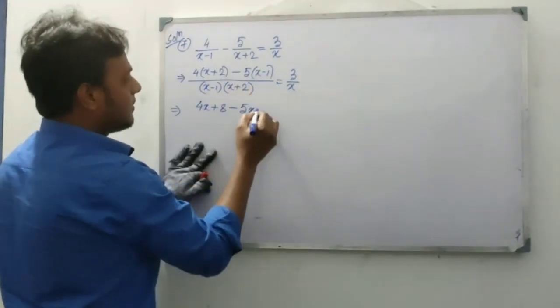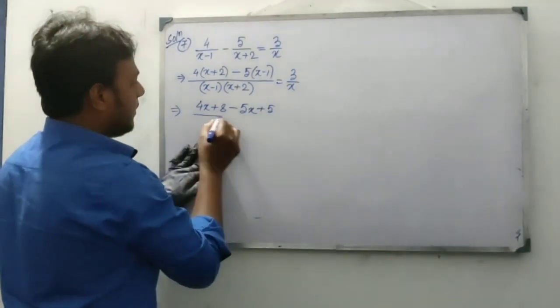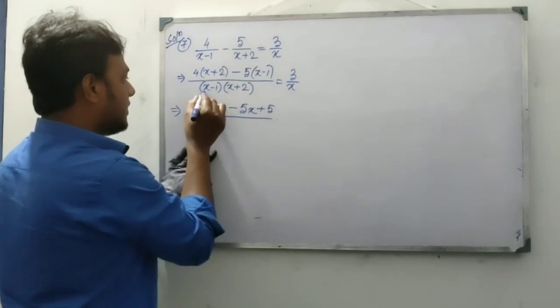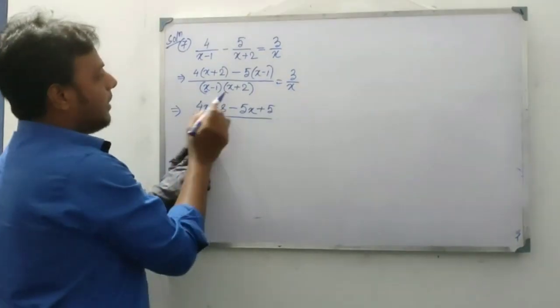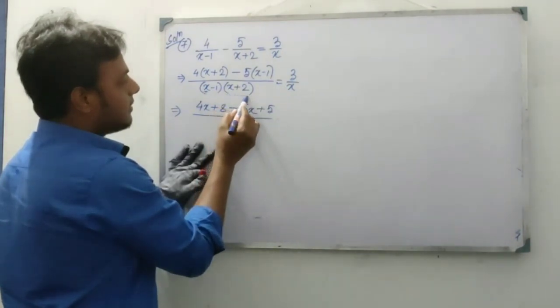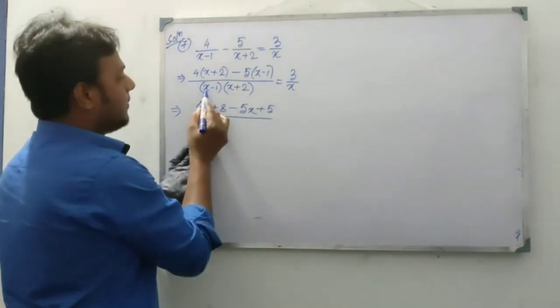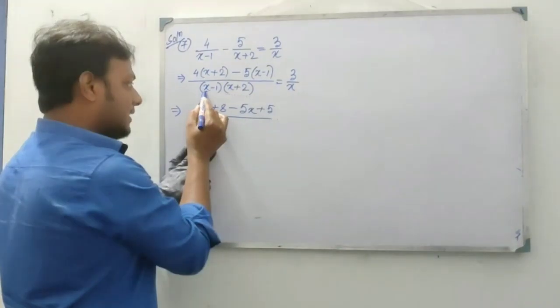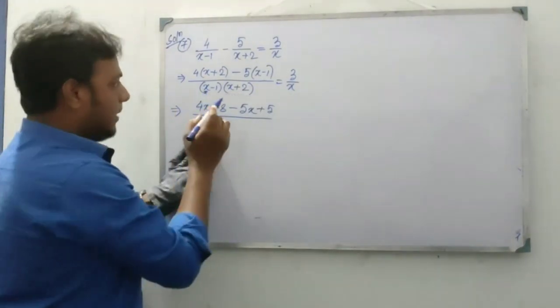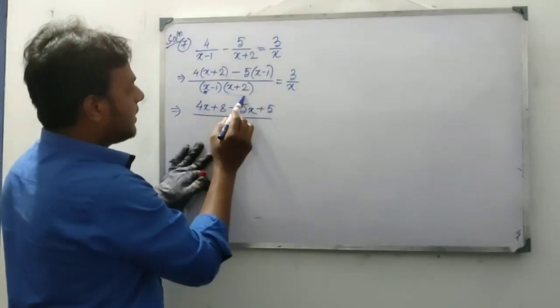minus plus 5 by, if I apply distributive property, then first consider this x and multiply with the second factor. Second factor means this. So if you multiply, first consider this x and hold it. Okay, and multiply with this entire part.